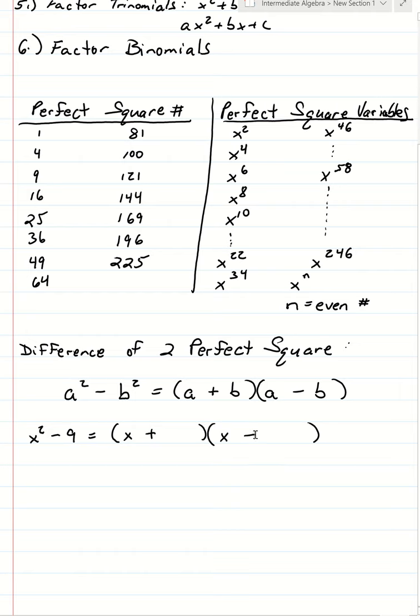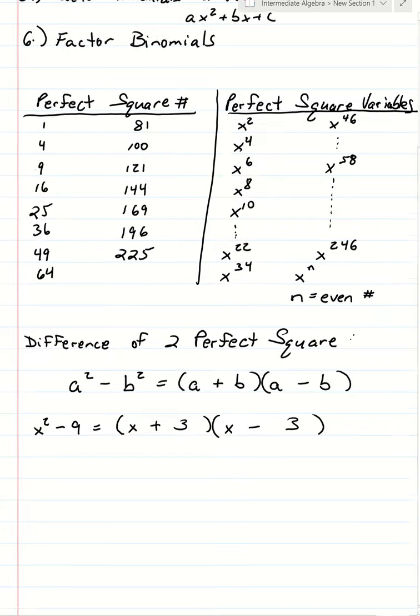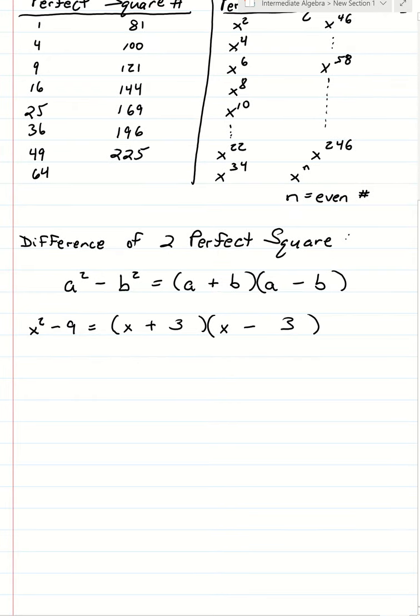And then factors of 9. Okay, what would I have to square to get 9? That would give me my b value. And of course the answer, what would I have to square but the number 3? So x plus 3 times x minus 3 is the factored form. Can I factor this any further? No, I cannot.